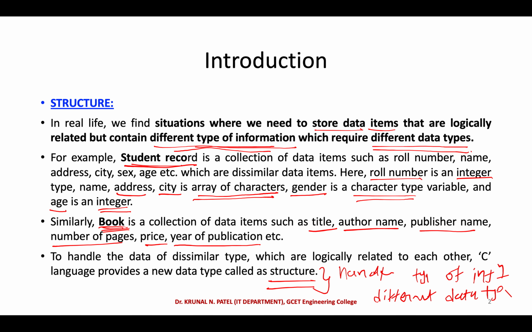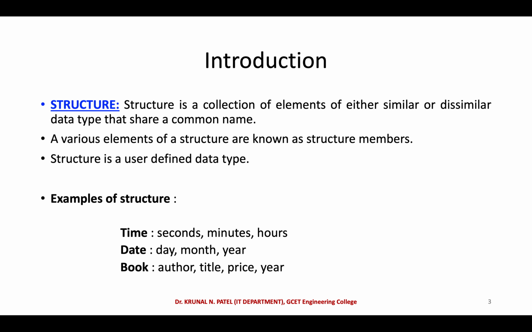Now again we are seeing in detail what is structure, right? If you want to say it in one sentence, then structure is a collection of elements of either similar, yes, you can also store similar kind of data, but the main purpose is to store dissimilar data types that share a common name.